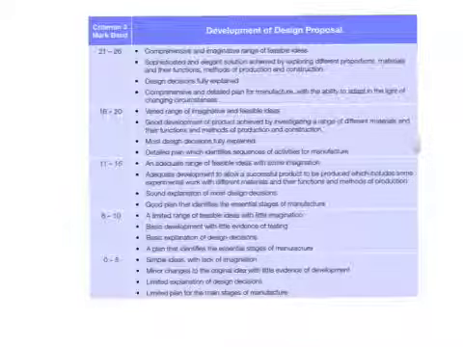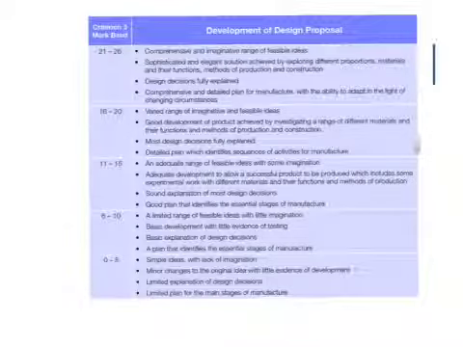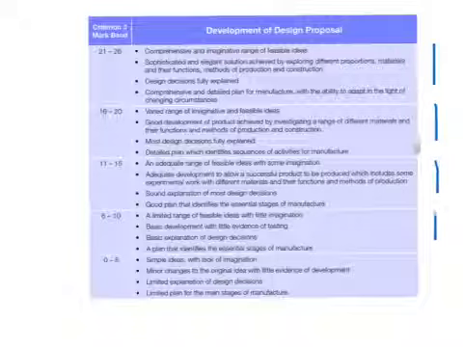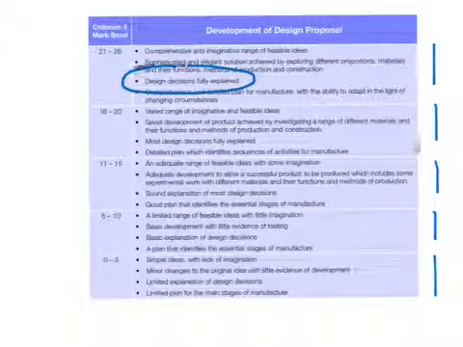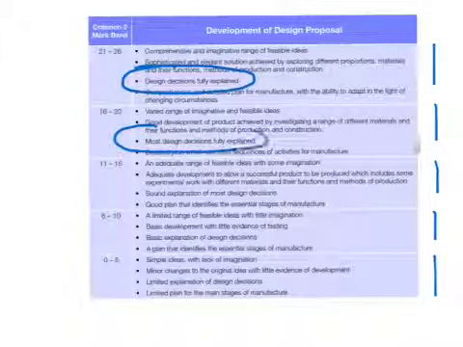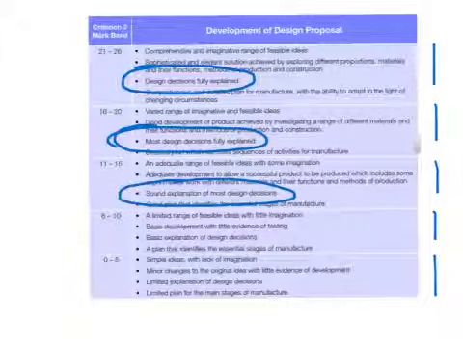If we start with the specification, you can see that it's broken down into 1, 2, 3, 4, 5 sections. The particular bullet point that we're looking at is the one that relates to design ideas, which is your annotation.